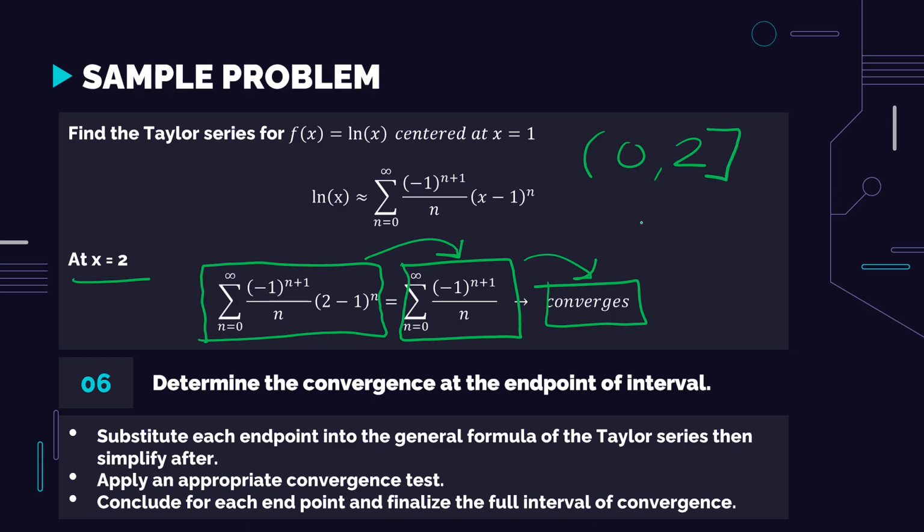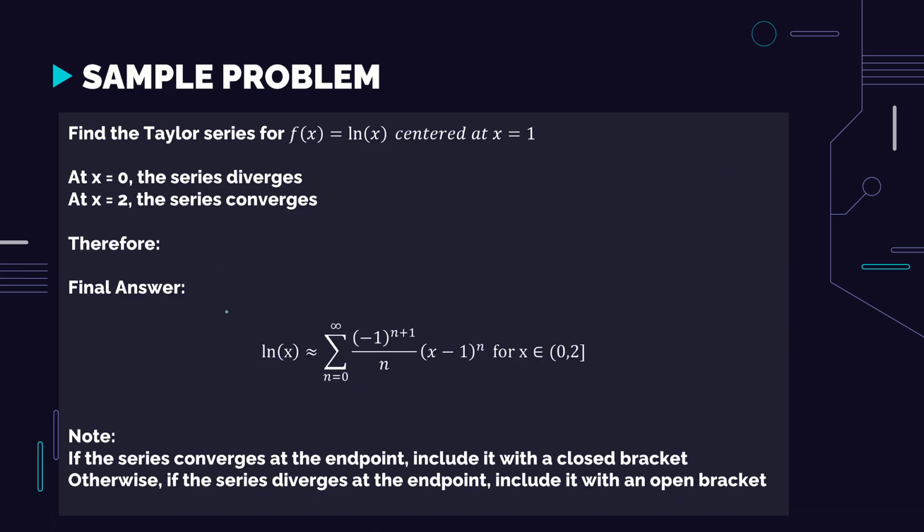So this will be the finalized full interval of our convergence. To sum it up, at x equals 0, the series diverges.